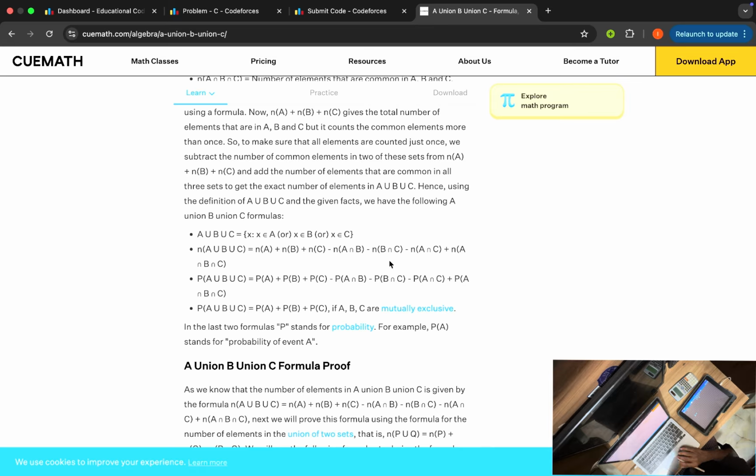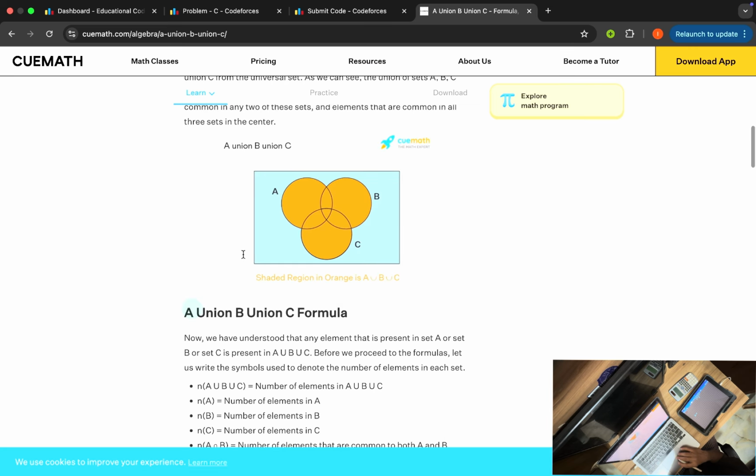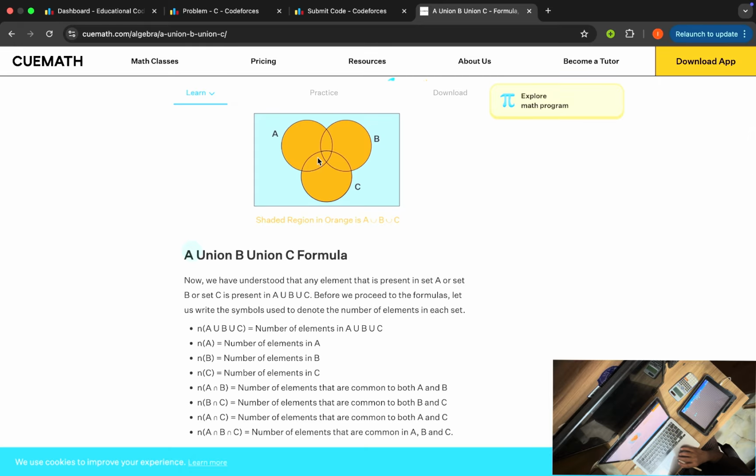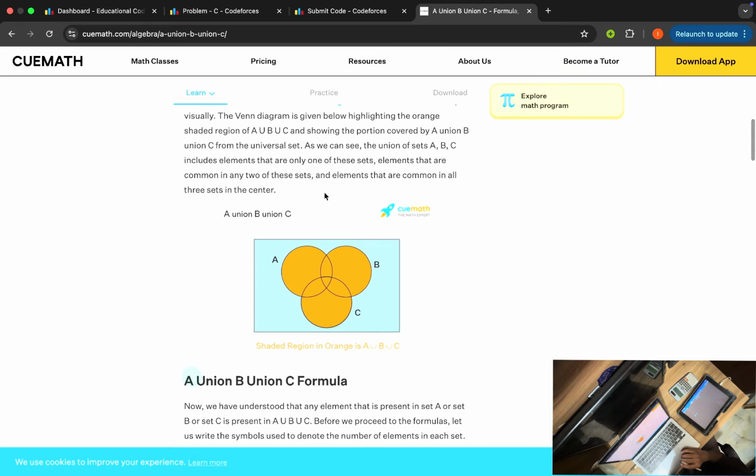I can find AB, BC, AC, and also the ABC common part. Okay. Then I need A union B union C. All whole sum, I guess. The shaped region A union B union C. I think it's, yeah.